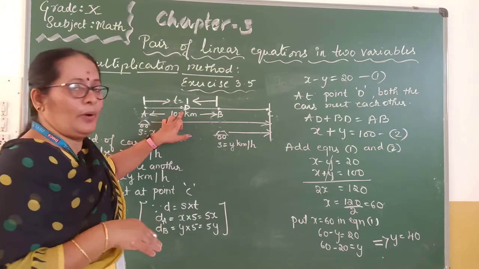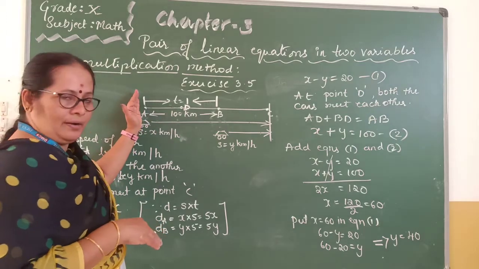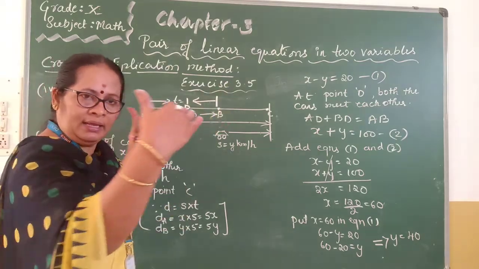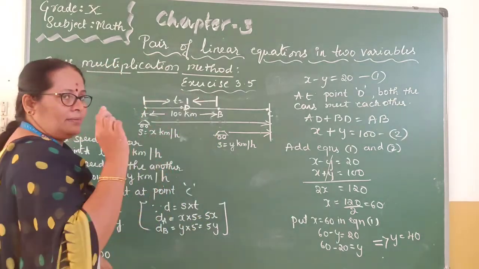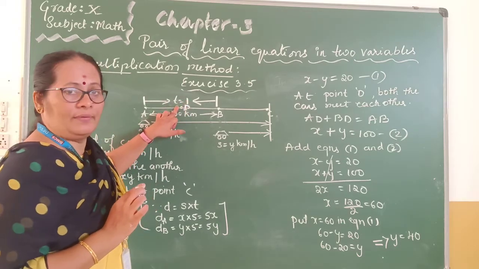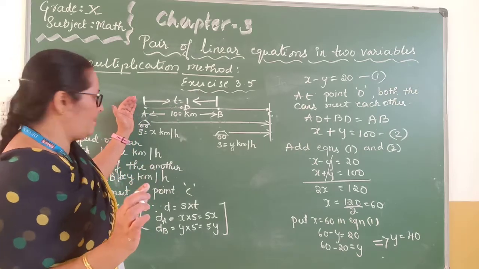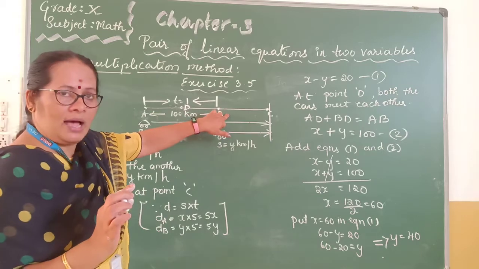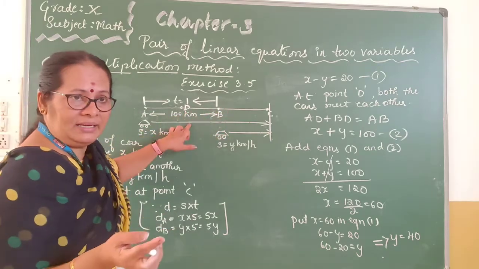That meeting point you take as D. So one car starts from point A, the other from B, moving in opposite directions, and they meet at point D after 1 hour. So the distance travelled by the car from point A is AD and the distance travelled by the other car from point B is BD.